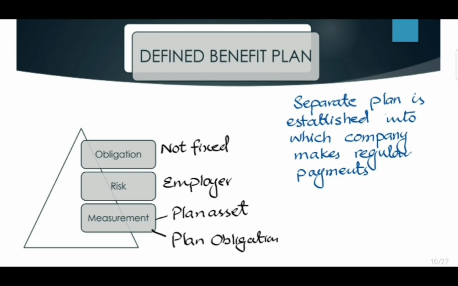Here annual pension is the salary in the final year multiplied by the number of years of service divided by 60. While the risk is for the employer, as the employer has to contribute some more amount. Measurement case: the measurement of net defined benefit plan involves recognition of plan asset and plan obligation. Plan assets are recognized at fair value and plan obligation is discounted to present value.